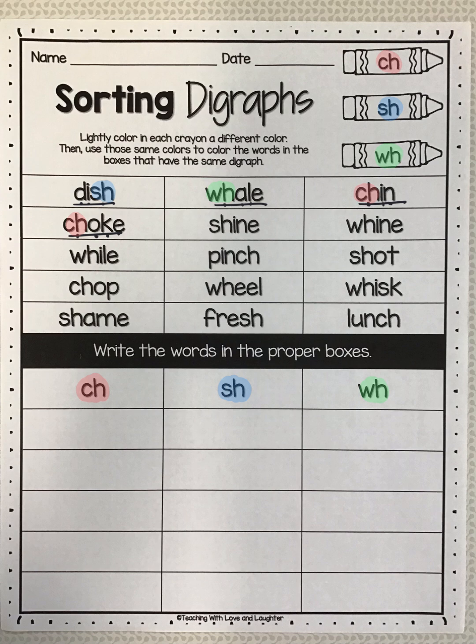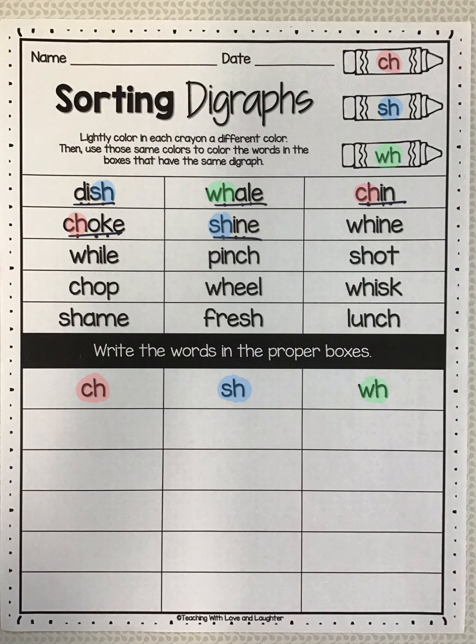That's right, CH. Then we have shine. Sh-i-n, shine. What digraph do you see in shine? That's right, SH. So I'm going to color the SH whatever color you chose for SH. I chose blue, so I colored mine blue.